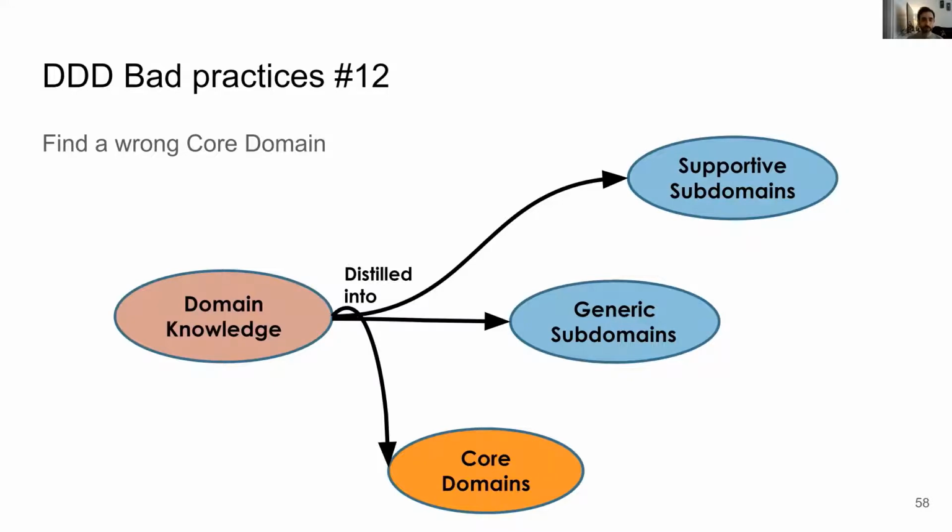So finding the right core domain is really important, because this is the part where you will put your best developers. This is the part that you should be sure is covered by tests, and that you will have a bigger budget from your client for. And if you identify it wrongly, it could cause a lot of problems for your team.